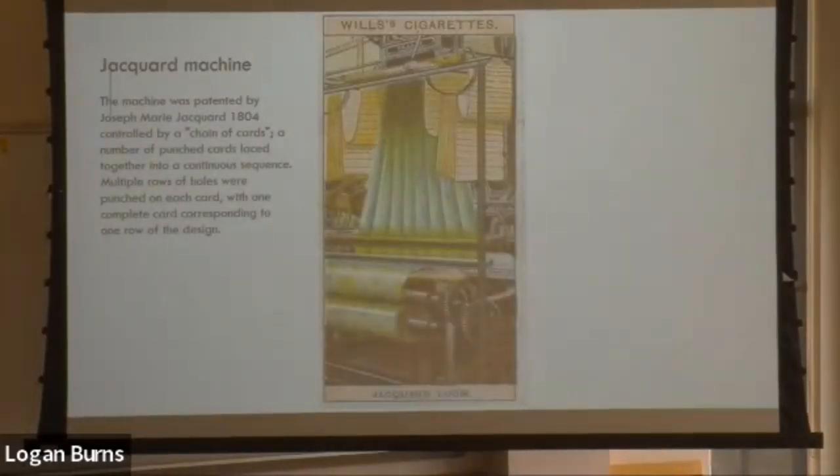One of the first examples of machine-aided intelligence was the Jacquard loom, which was essentially the same thing as a player piano with punch cards, but it was a long strip of cards that were connected together, and they would create the patterns for a loom that would automate the process of making fancy or custom designs in weaving.